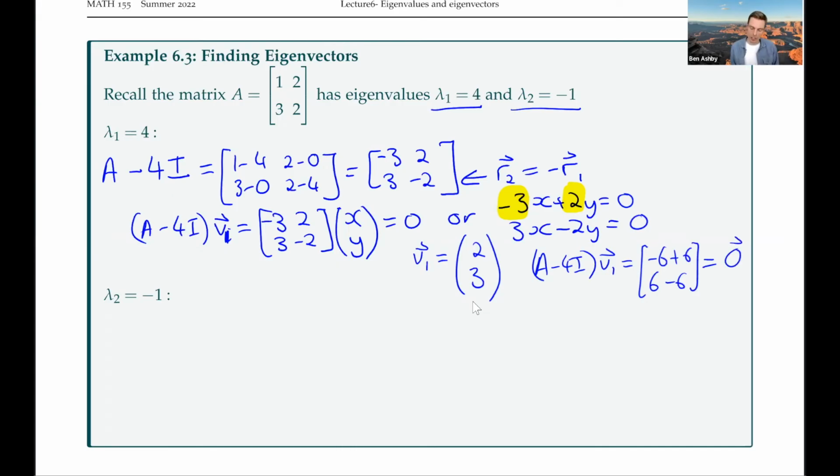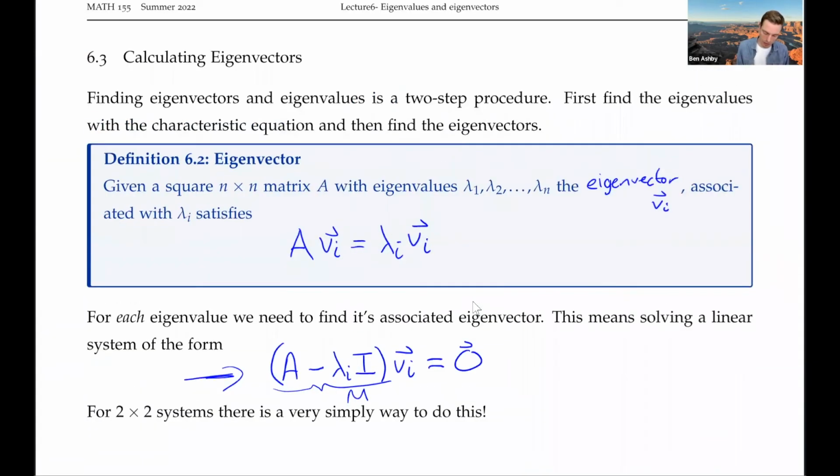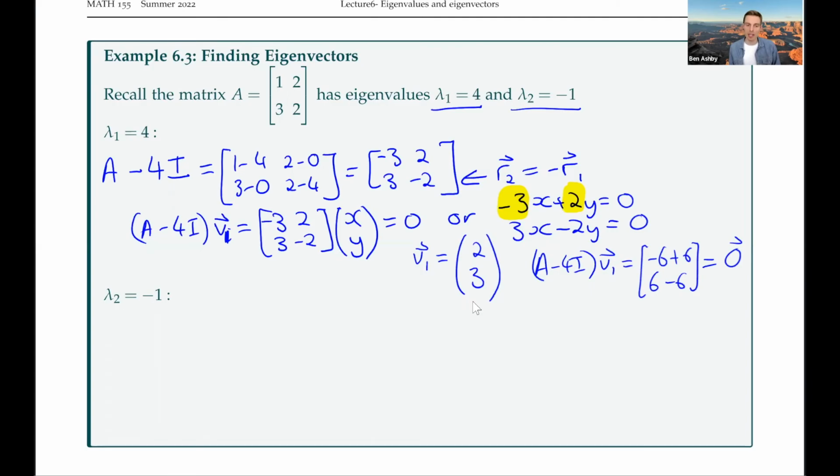So this checks out because I did A minus lambda I times V1, where lambda here was our eigenvalue 4, and this eigenvector is what we found here, this V1. We need that to be equal to 0 because we want this equation to hold. And so this eigenvector that I found satisfies that equation.